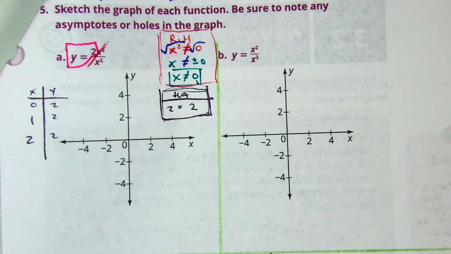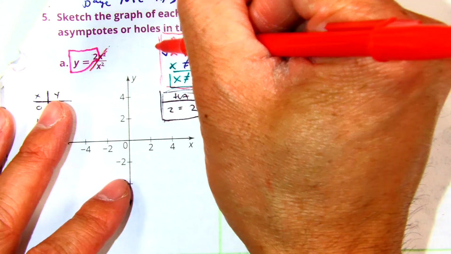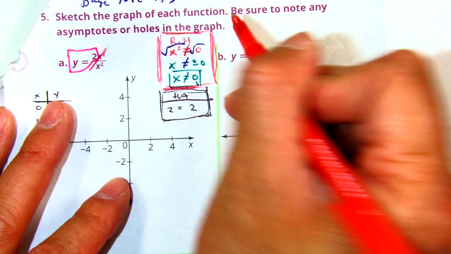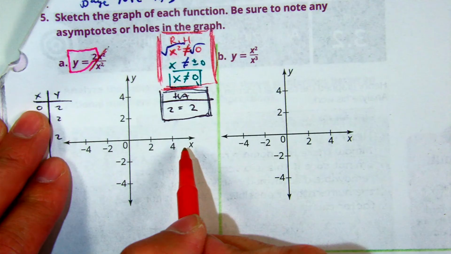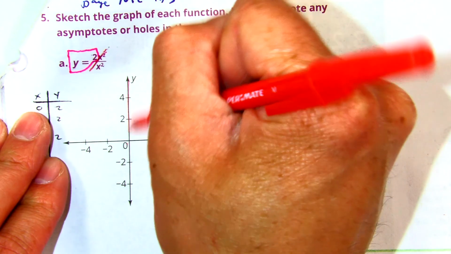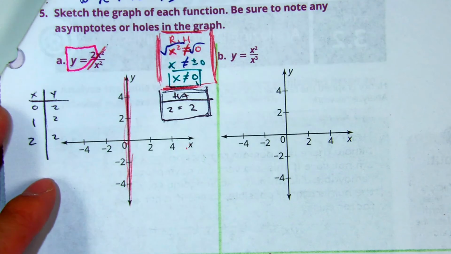Alright, let's put this all together. I have a removable hole at 0. This essentially is at the x value at 0. So I'm going to draw this little red line. I don't know if you can see that. But that's where it's going to be the removable hole.